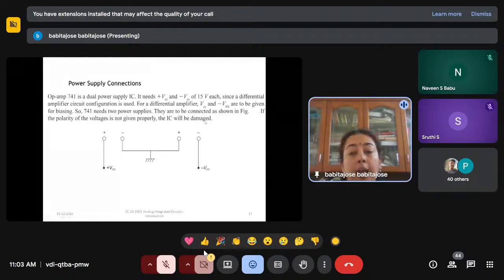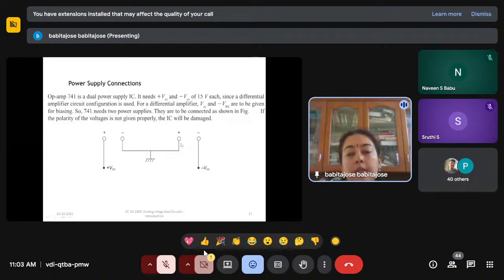Otherwise the IC will be damaged. If the polarity of the voltages is not given properly, the IC will get damaged. So the first thing when you do the lab, please learn how to connect the dual supply.